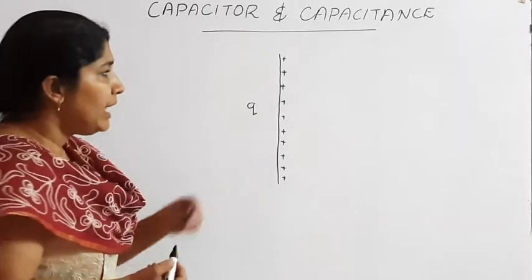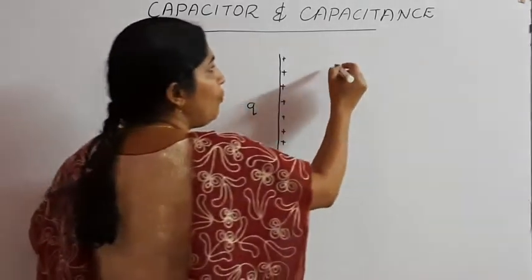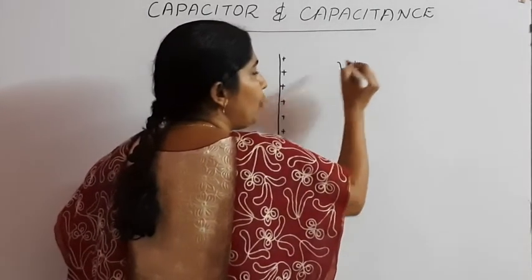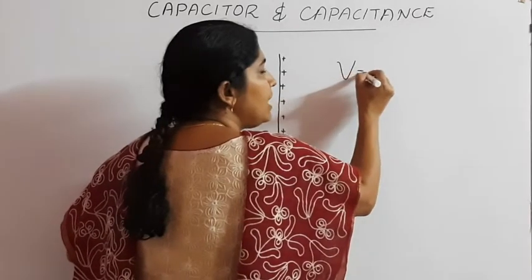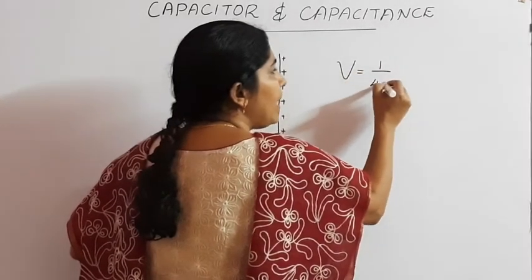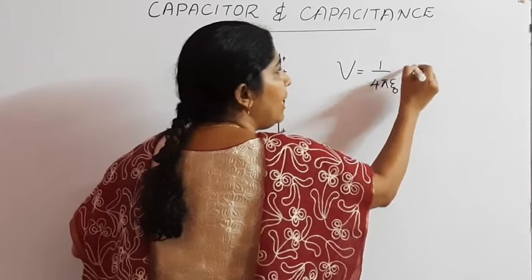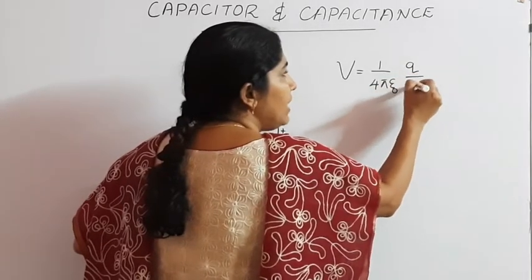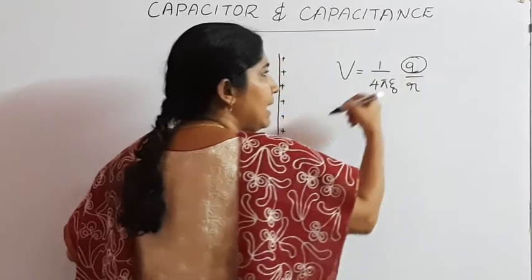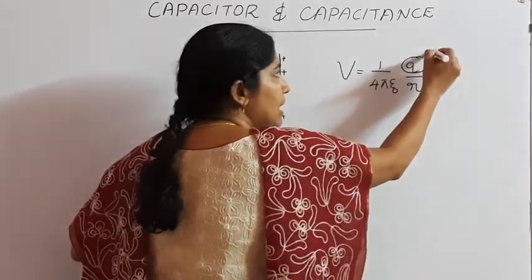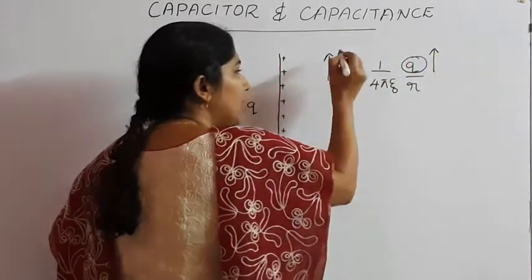It is very clear from the equation for the potential: V is equal to 1 by 4 pi epsilon 0 into Q divided by R. When the charge given to a conductor increases, the potential also increases.